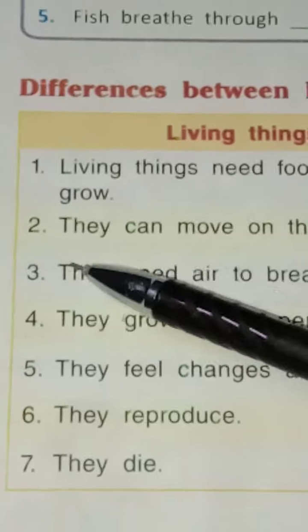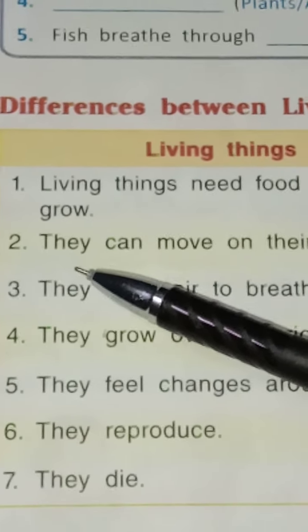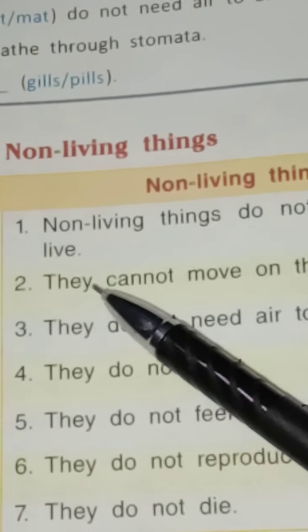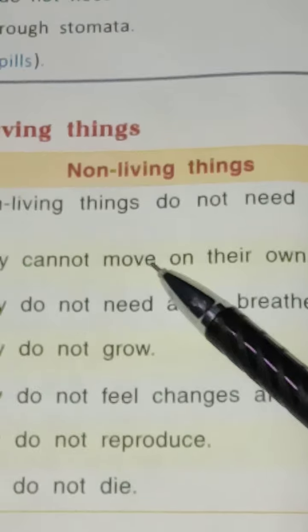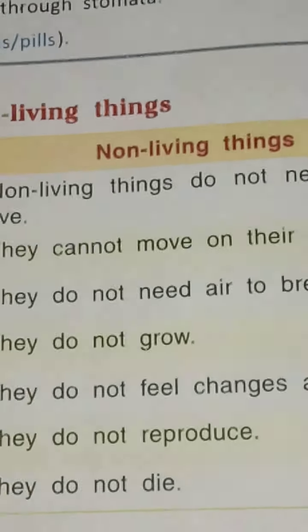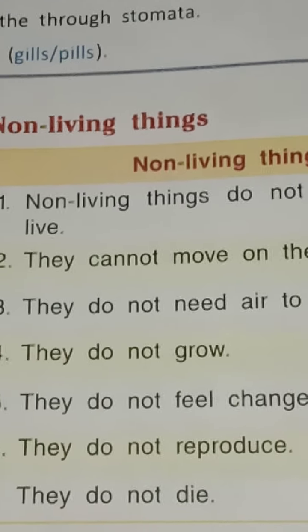Now student, second point, living things can move on their own. On the other hand, non-living things cannot move on their own. So student, living organisms show movement as well.